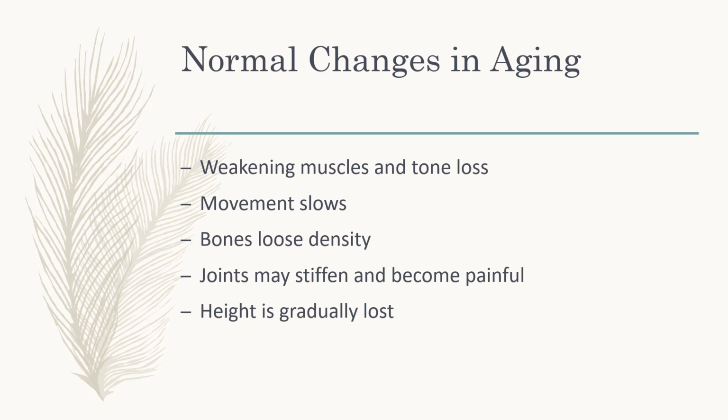Their movement slows, so they're going to have a harder time making it across the room before they get tired. And when they fall, their bones are brittle because they've lost density. That can be a problem, and it leads to a lot of hip fractures and knee replacements because of the joint stiffening up and becoming painful. Height would be gradually lost.